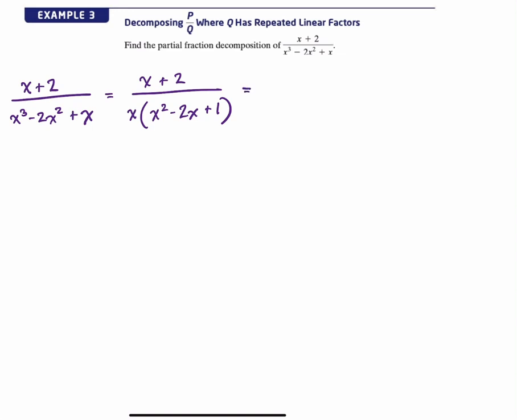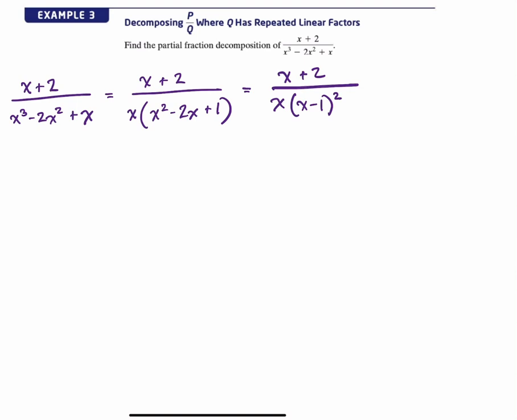And then we can factor x squared minus 2x plus 1: two factors of 1 that add up to negative 2 are negative 1 and negative 1. So that means we have a repeated factor, x minus 1 will appear twice. So we can write that as x minus 1 squared.